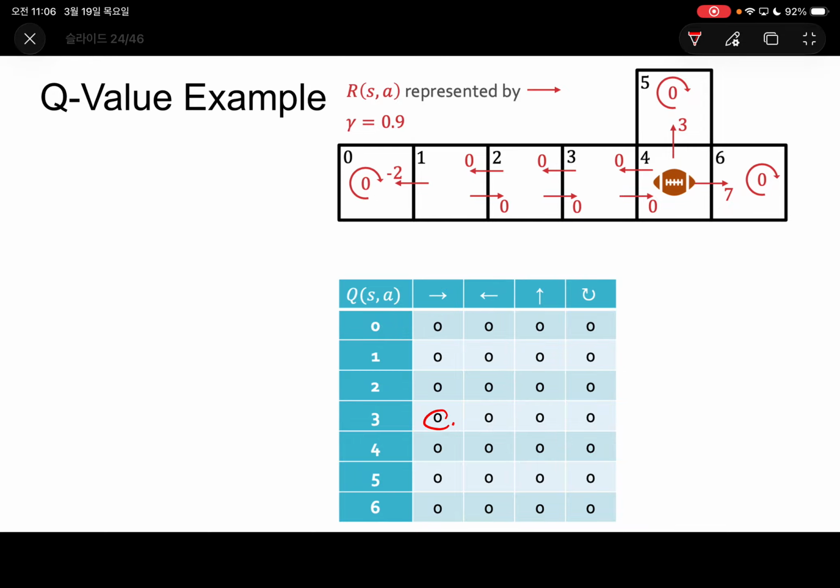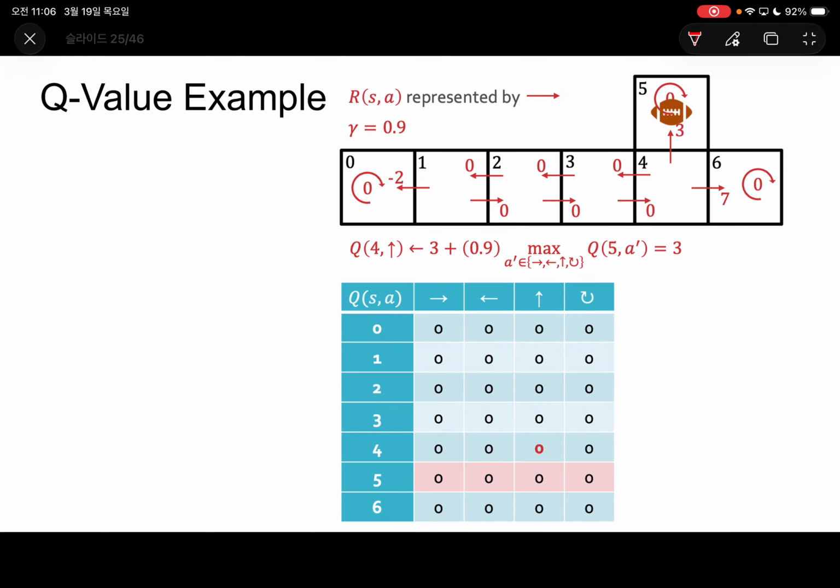And then we visited state 4, right? We are now in state 4. Let's calculate the Q function for the pair of state 4 and going up. Then we have a reward, right? State 4 and going up, we have reward 3.